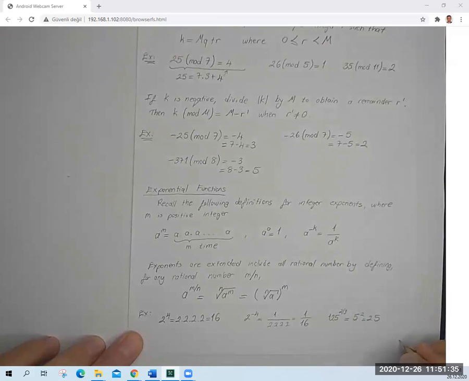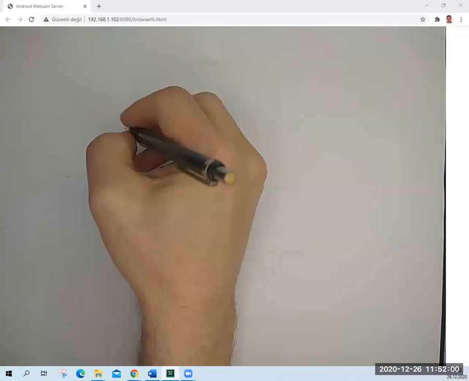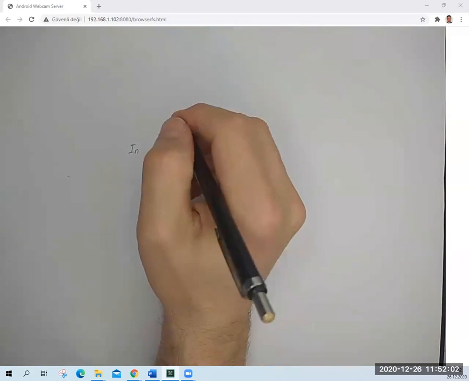Okay, page 3, and let's do a new page. This is page 4, and there is also an explanation of the exponential function.